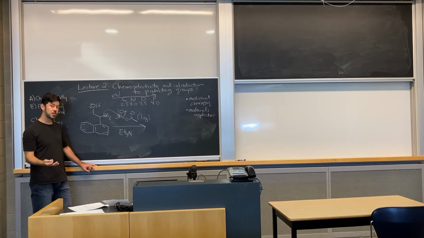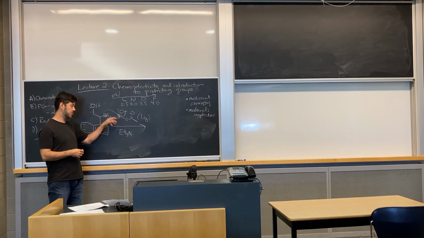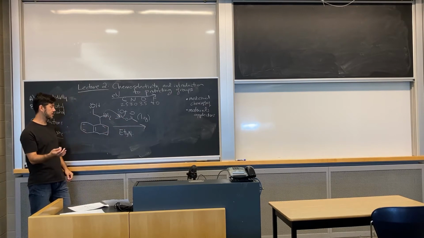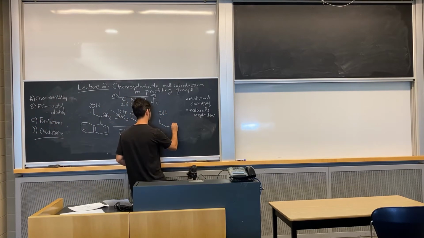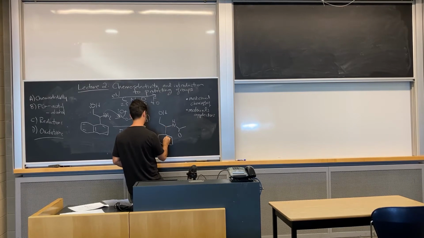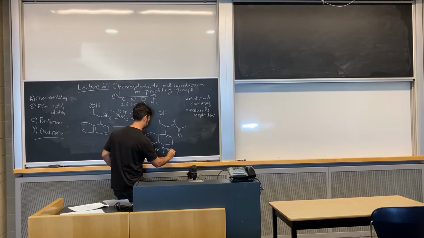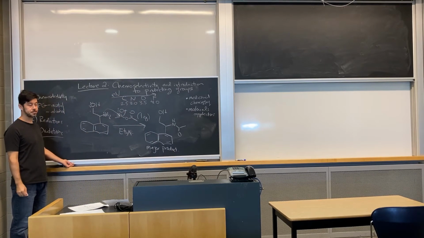You'll form a tetrahedral intermediate, similar to what we had done in the previous lecture. Come back, then you do proton transfer, come back down, and you'll release off your leaving group. So your product is actually going to look like this. Okay, so that's your final product, your major product.